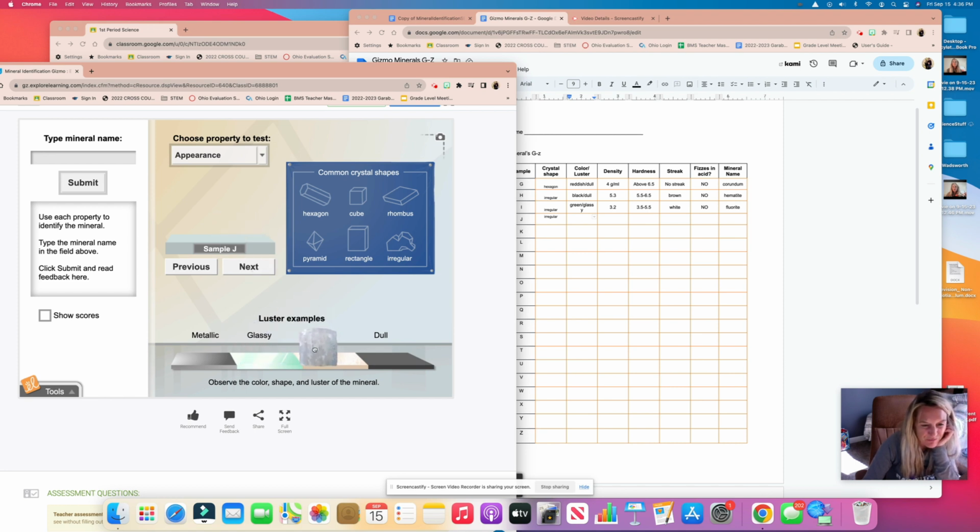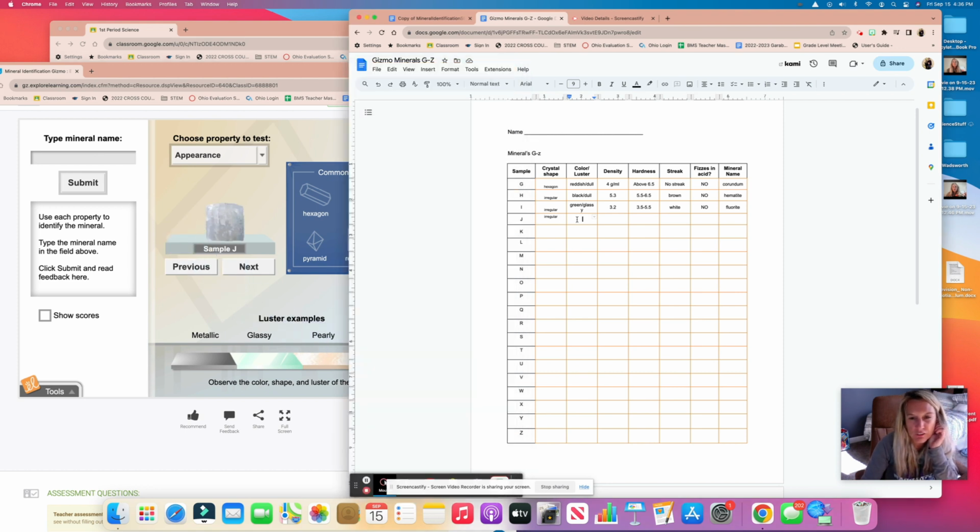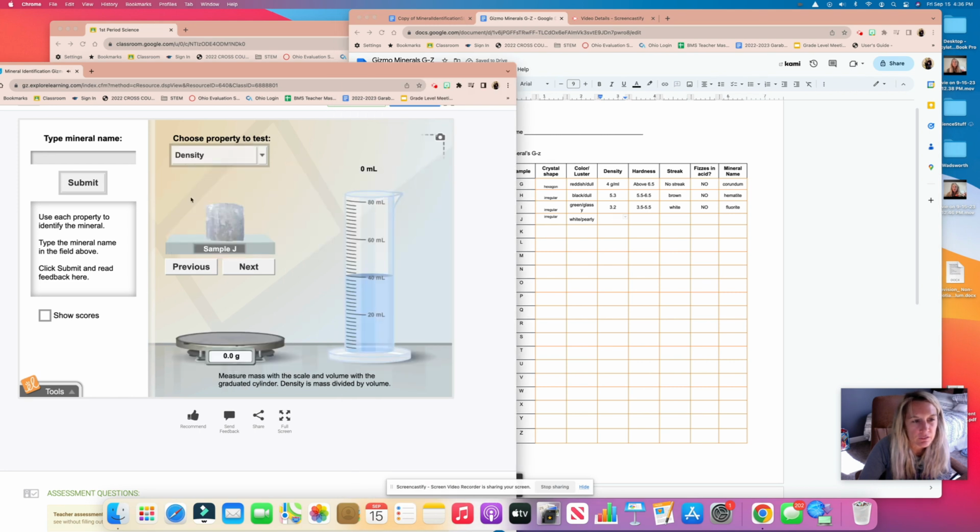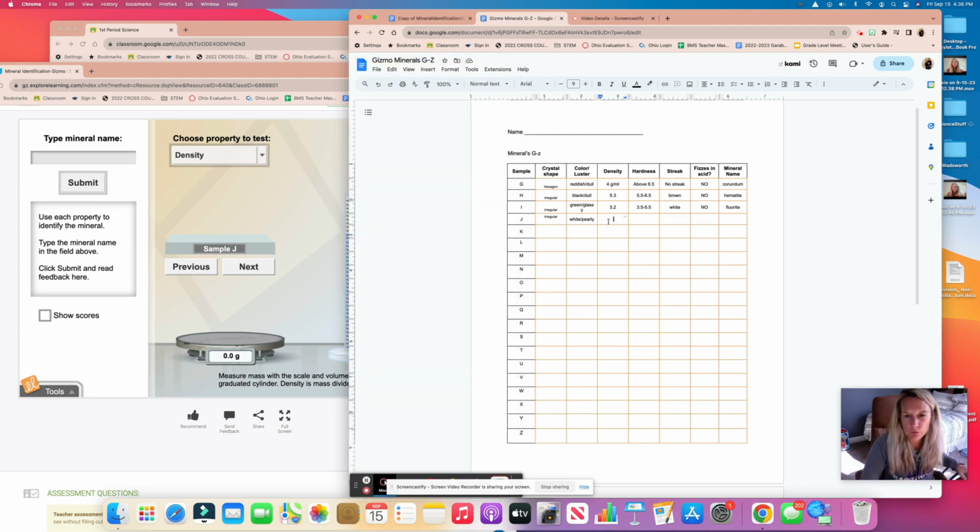It's more of like a soft looking or not transparent. So we're going to say it's white slash pearly. All right, density. Mass of 48.3 divided by 21, and that gives us 2.3. All right, so density 2.3.